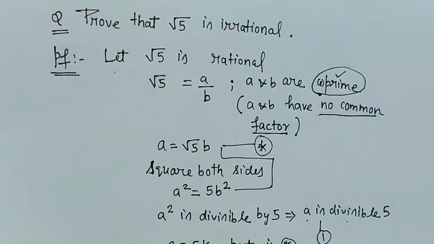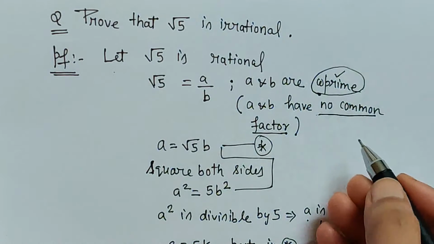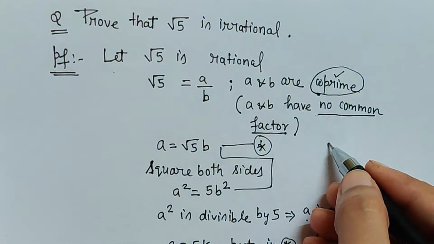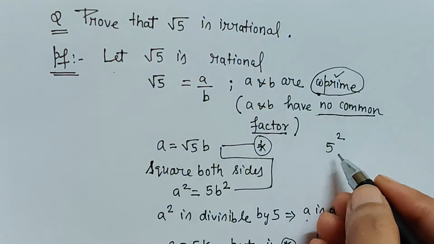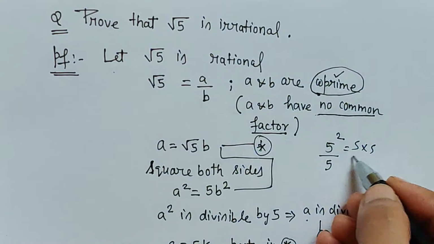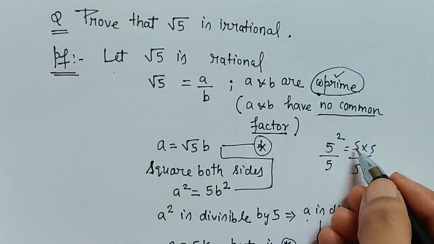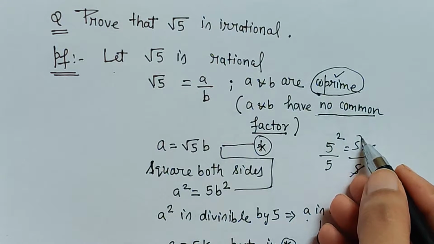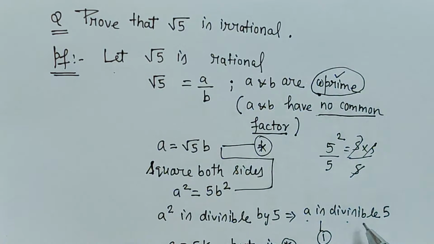How? For example, 5 square, that is 5 into 5, is divisible by 5, and isn't the single 5 also divisible by 5? That is also true. And the same we have written: a is divisible by 5.